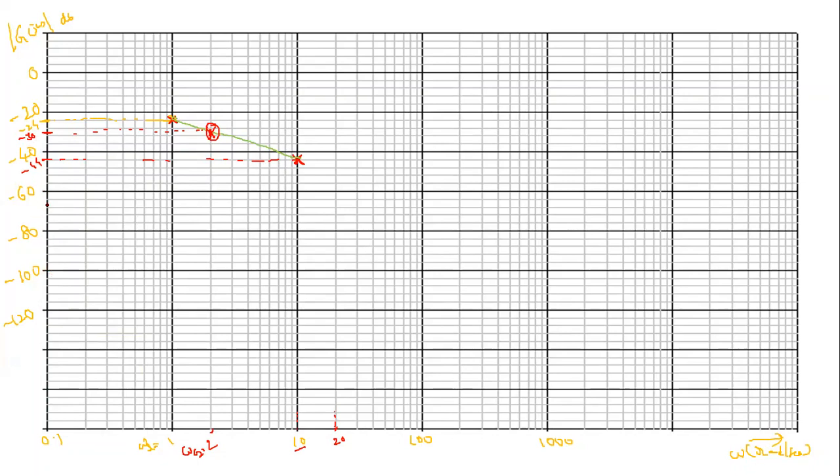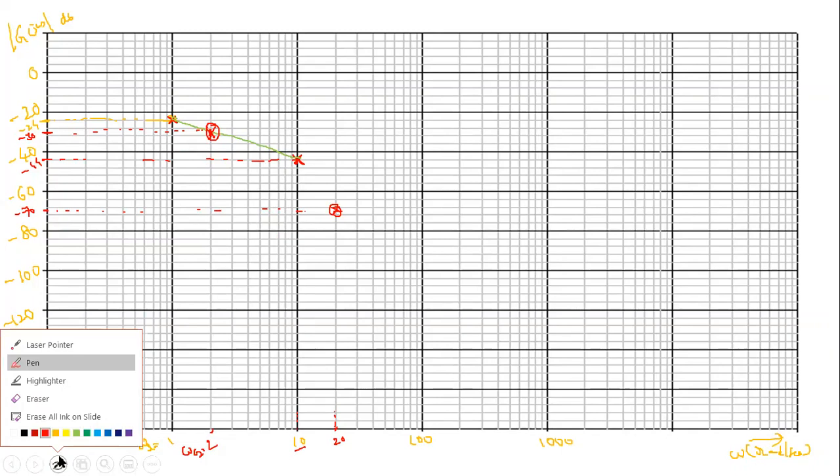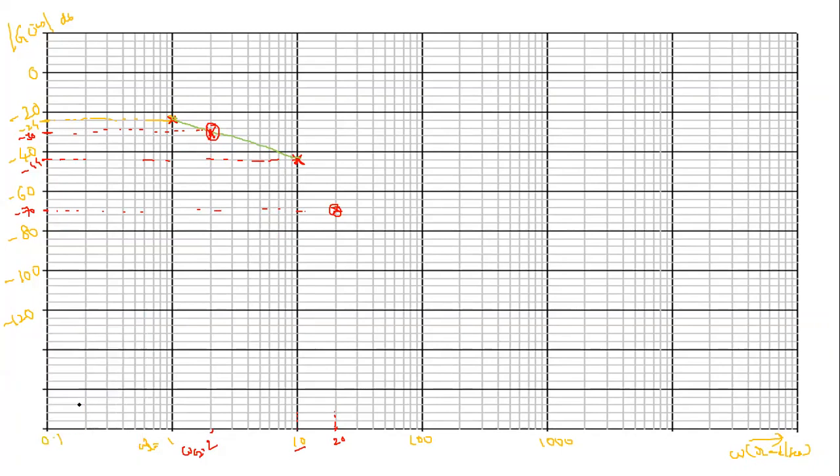So minus 70 means this is 8 and this is 70. Middle point. This is the one. Done. Now you join these two lines. Right, joined.